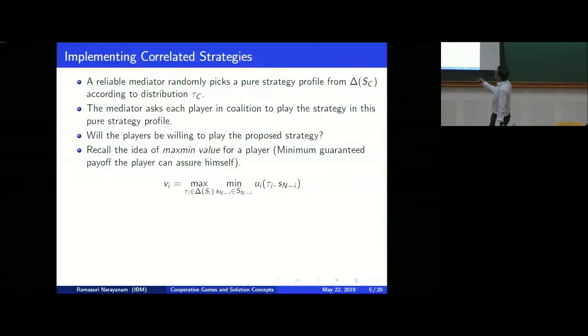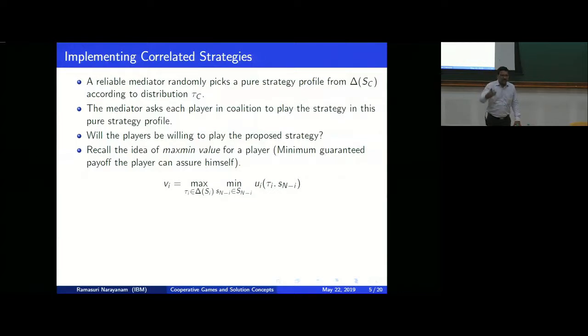So there is something called the max min value for any player. So call it Vi, which is nothing but the max min value defined like this. So I am playing, so it's me, right? So max over my strategies and min over all other strategies, okay?